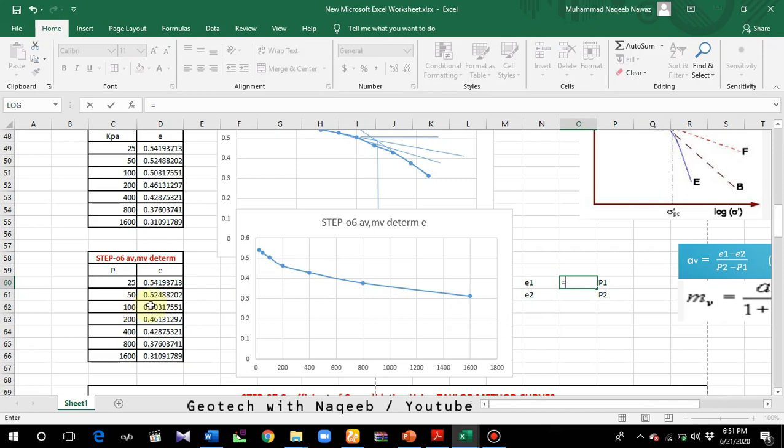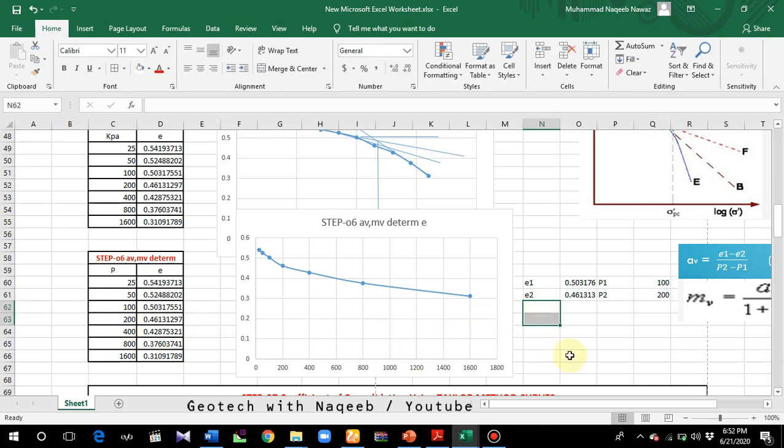You can select from the graph. The better practice is to use the graph. So we'll be selecting the corresponding values, 0.502, this one, and I will be selecting this one.